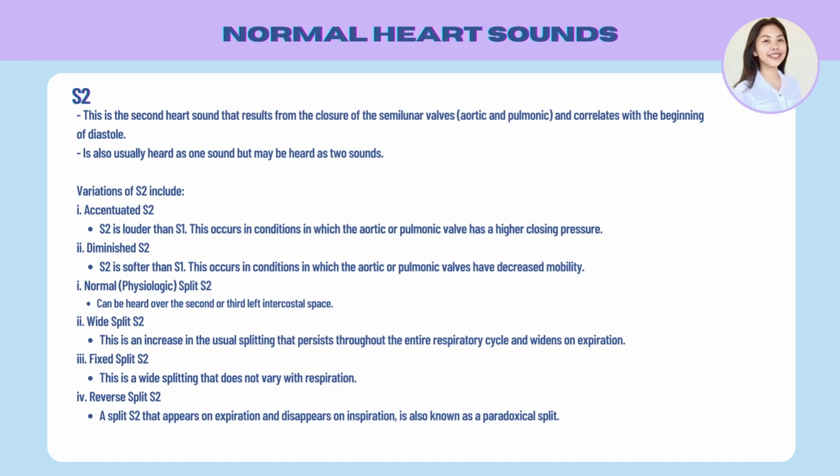It occurs when closure of the aortic valve is abnormally delayed, causing A2 to follow P2 in expiration. Normal inspiratory delay of P2 makes the split disappear during inspiration. An example of reverse split S2 is left bundle branch block.